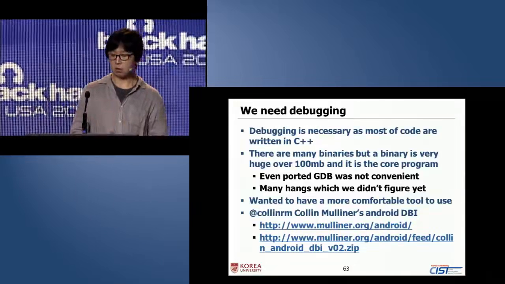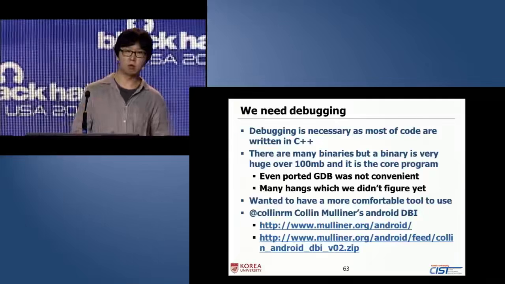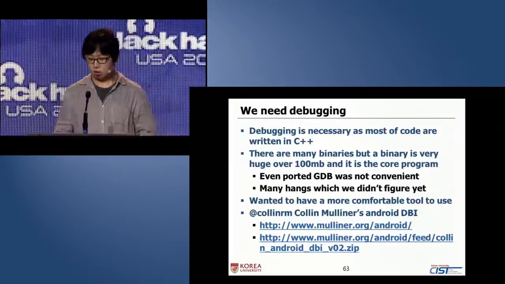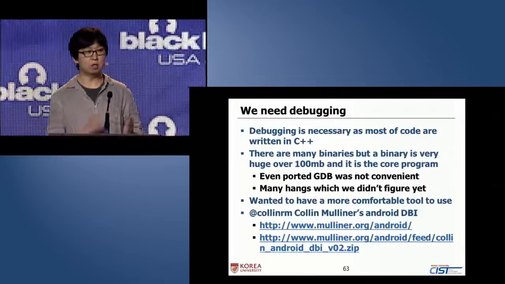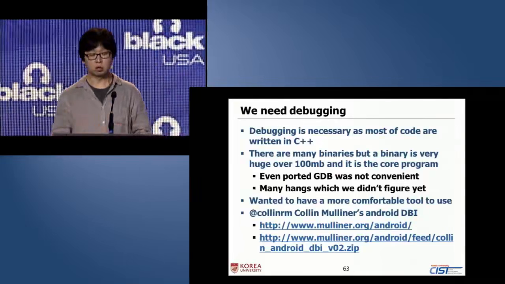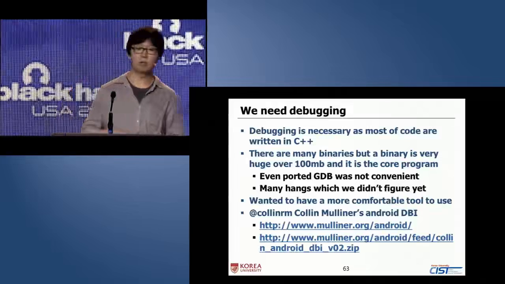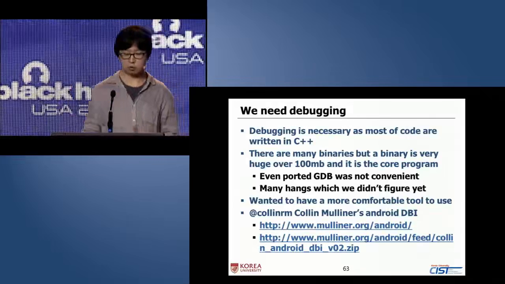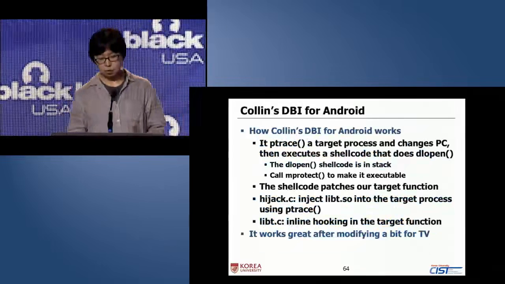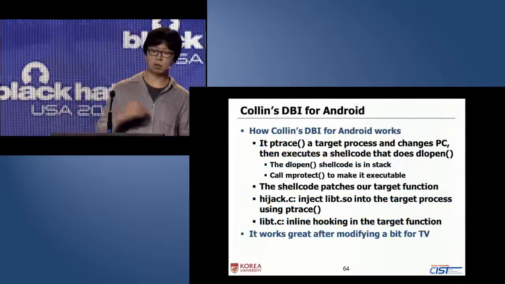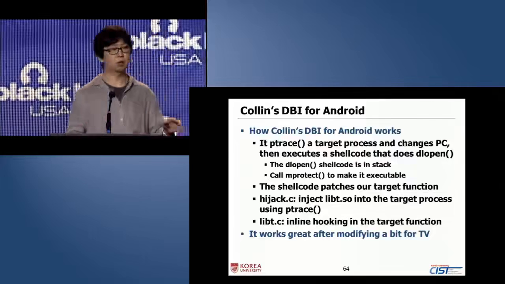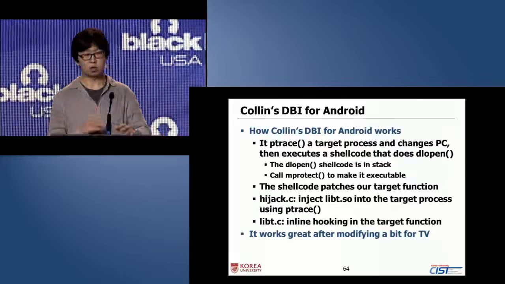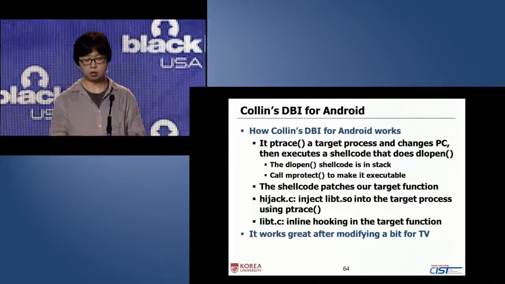I was going to make my own DBI program, but I found a very nice one. Collin Mulliner made a DBI program for Android. So I slightly modified the code and tried to use it on the smart TV. It works pretty well. The DBI tracks a target process, changes the PC register, puts in some shellcode and executes it.